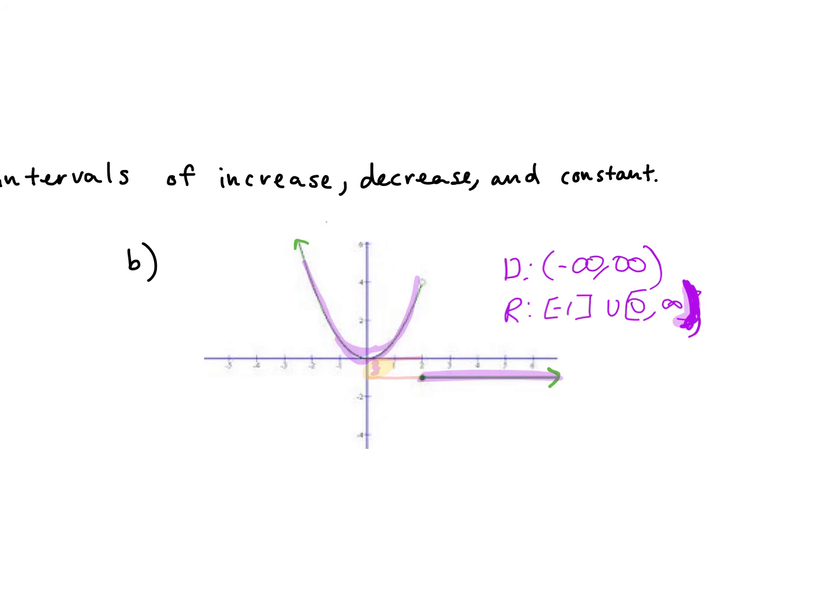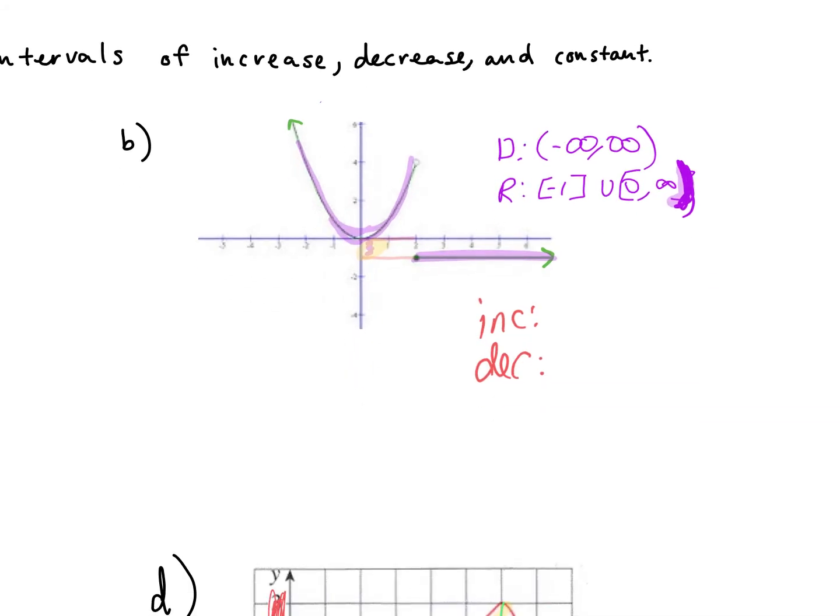Let's talk about increase, decrease, and constant. Does this one have a constant? Yeah. Yay, we finally have something to write there. Remember, we're talking about -infinity to positive infinity, and we're only looking at the x-axis, so cross off your y.